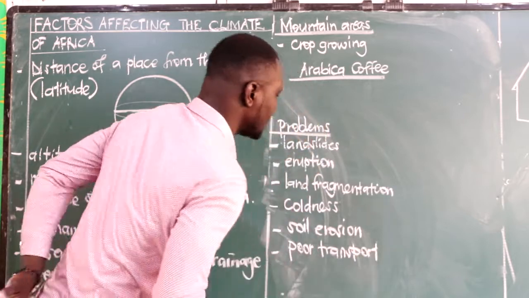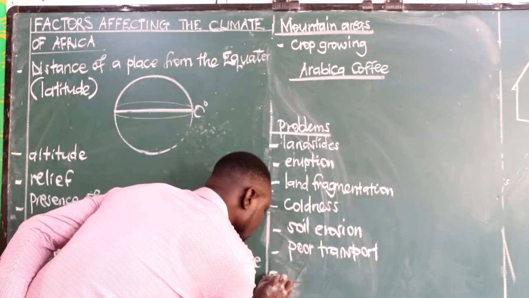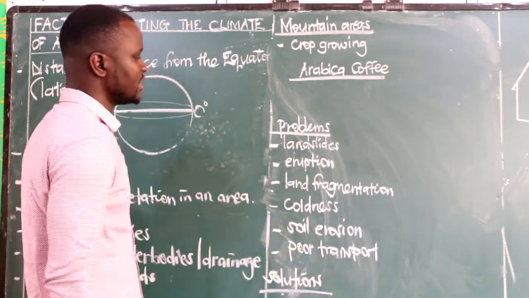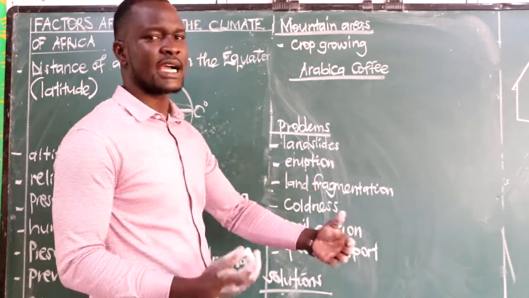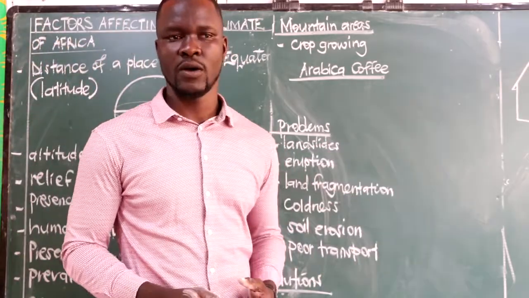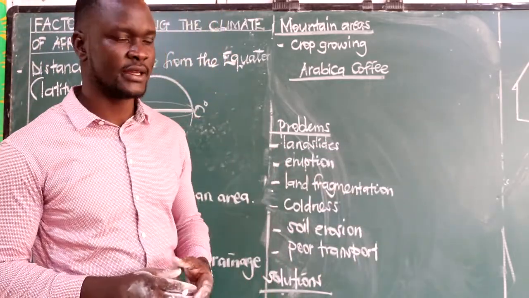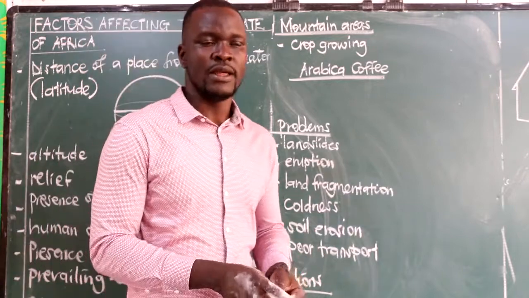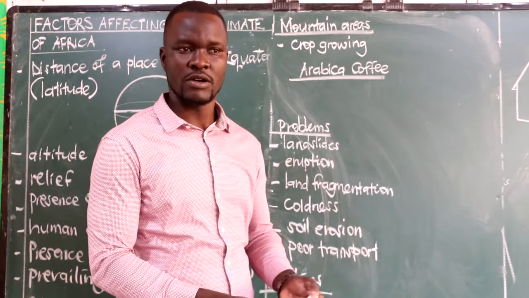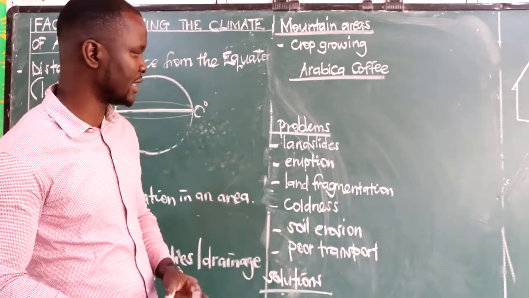So if we are to get solutions to these problems, we shall be saying landslides can be prevented by planting trees on the mountains. As we say, these trees planted, their roots will help to bind the soil particles without breaking, thereby preventing them from being washed away.